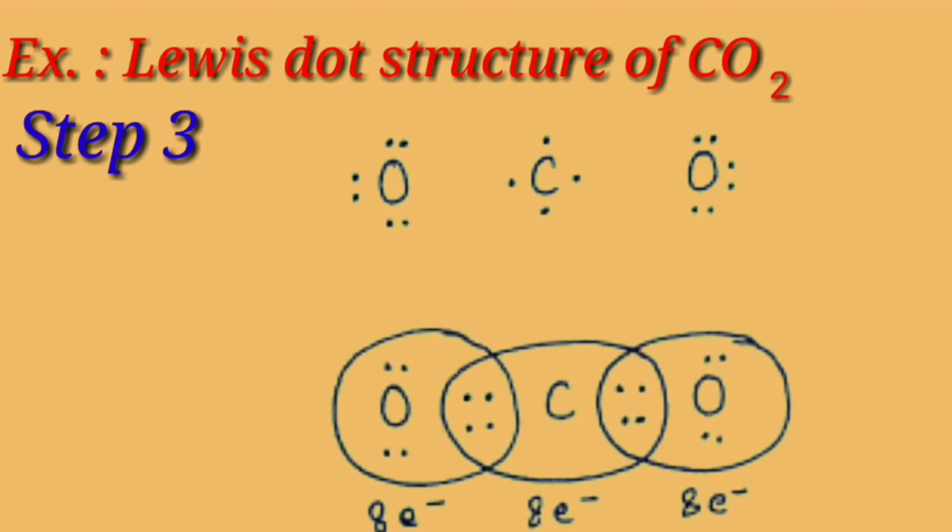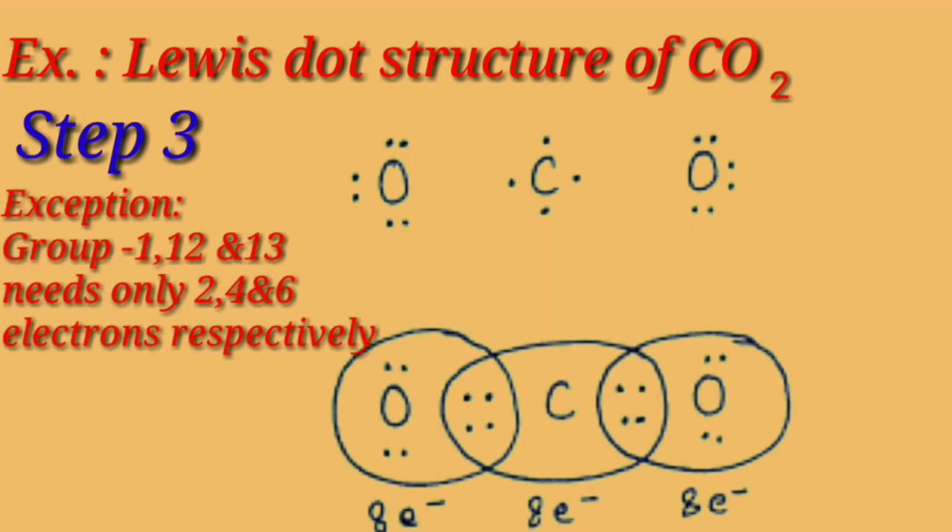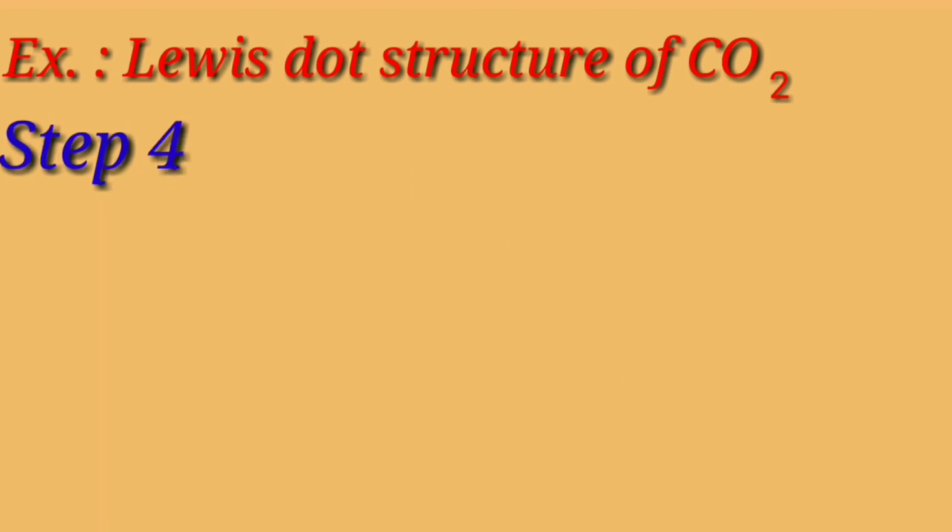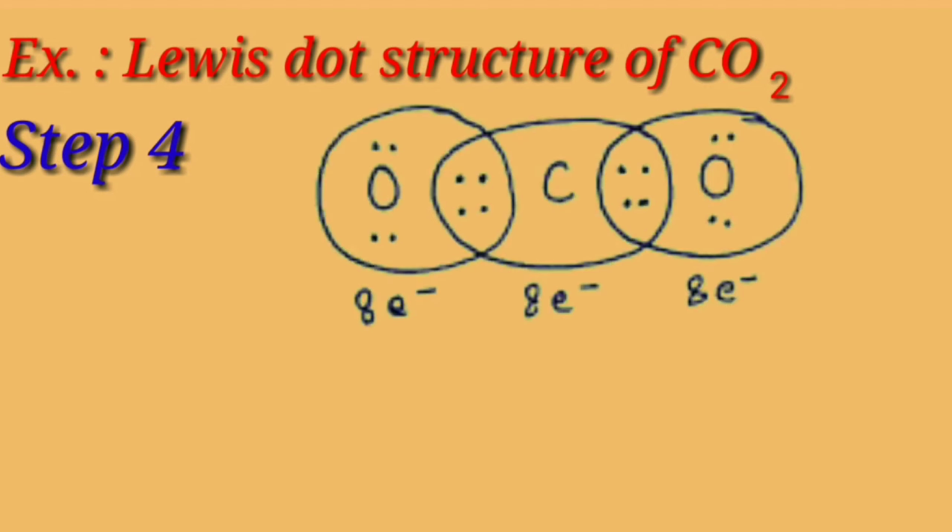In case of exceptions, group 1, group 2 and group 13, they need only 2, 4 and 6 electrons around them. Next step is, once the octet rule has been satisfied for each atom in a molecule, you may replace each pair of dots between two atoms with a dash.